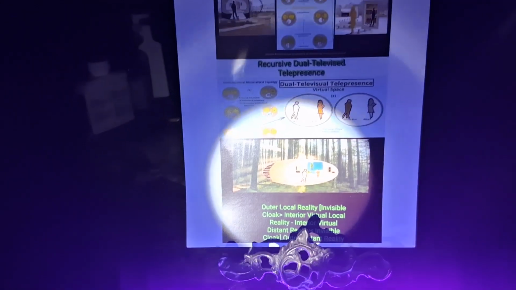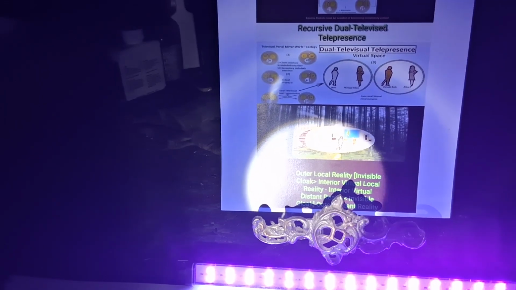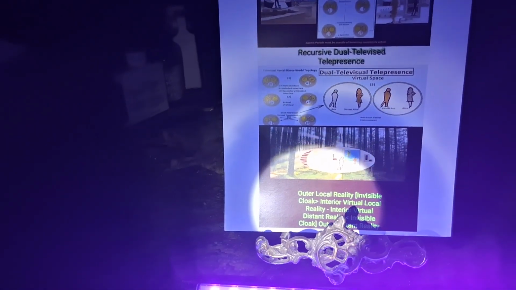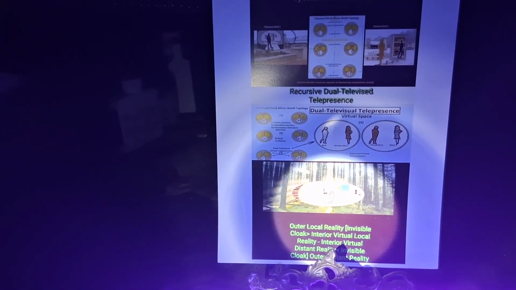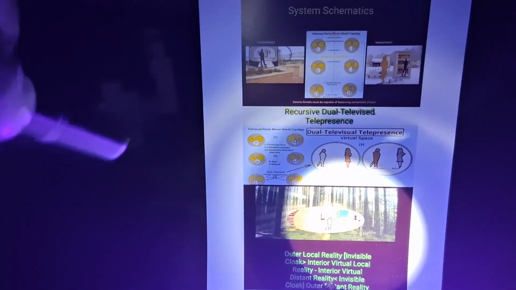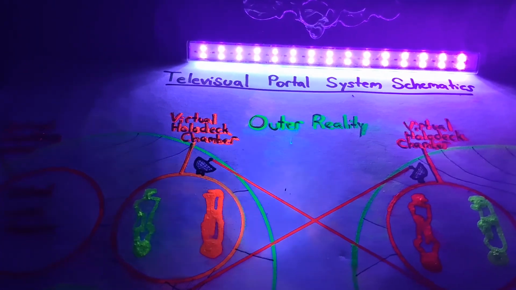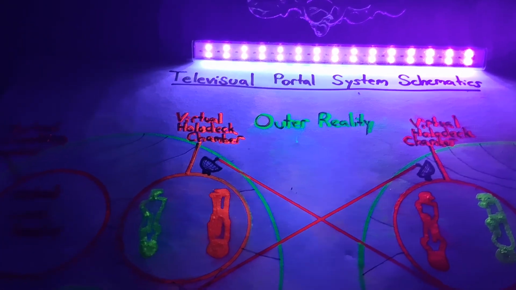What I want to discuss right here is the progression from the real outer local reality across the invisible cloak shell of each portal into their interior virtual local realities, and then into the interior virtual distant realities, and then back out the invisible cloak shell of the other portal and out into that other distant reality, and under the umbrella of a shared reality, the outer reality that connects both of these together.